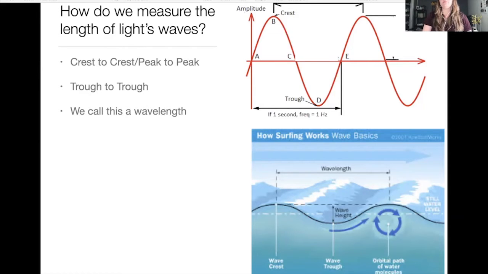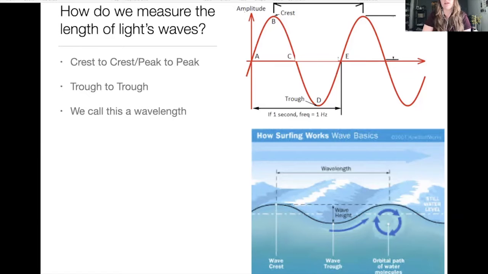So when we are measuring the length of a wave, we are looking at this distance between each peak to another peak, or a crest if you prefer that, or a trough to a trough. So you'll see in the upper right-hand corner the definition of a wavelength as according to a crest to a crest.